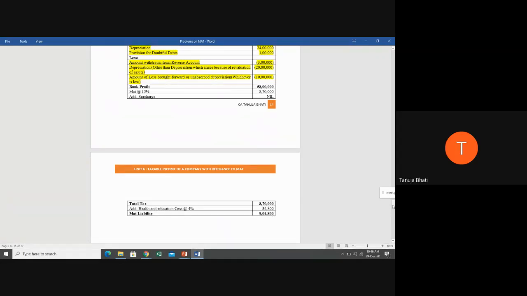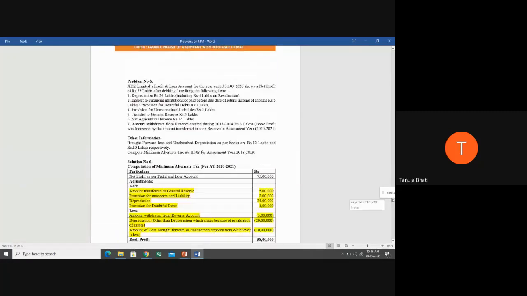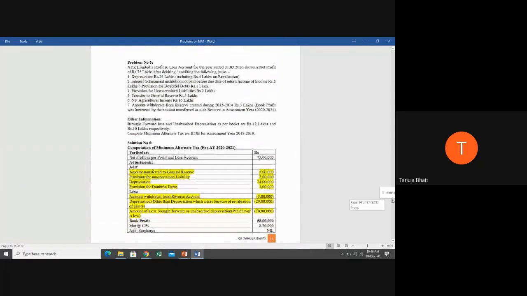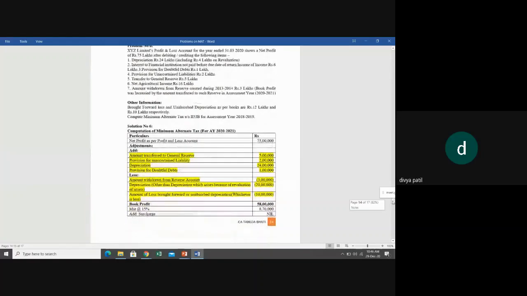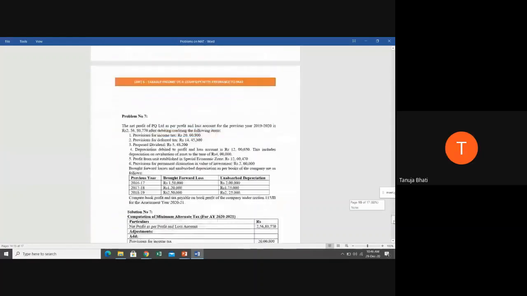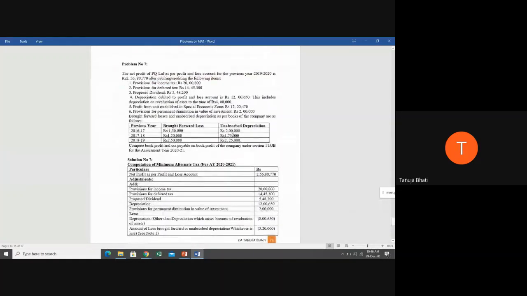Is this clear, students? Did everyone understand problem number 6? Yes, ma'am. Okay. Now the last problem, problem number 7. This problem is again going to be solved by you. I'm just going to ask you whether you have to add or delete, because now we have done a number of problems on MAT.